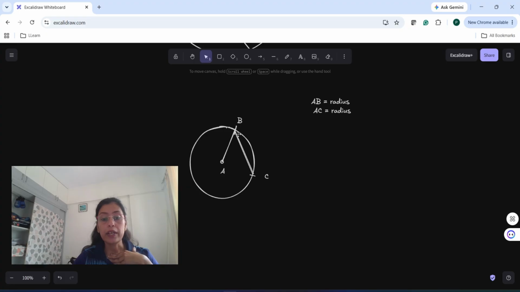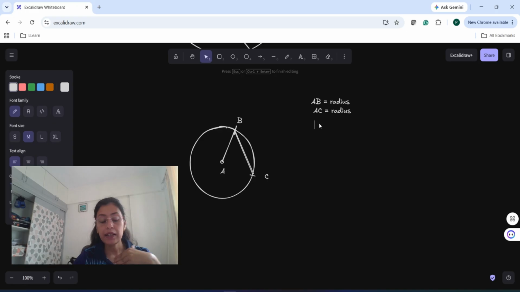And when I am joining 2 points on the circle, what is it making? This is making a chord. We call any 2 points on the circle when they are joined, this line which they make, a chord.